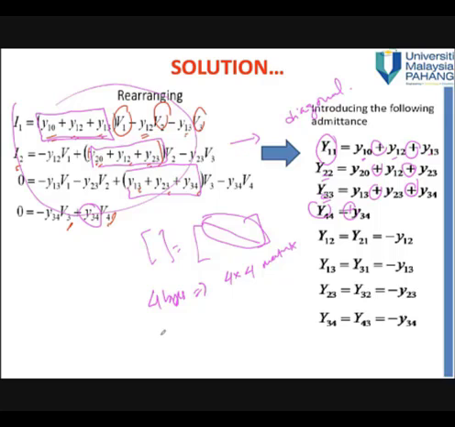Let's say you have a system of 20 bus, so you need a 20 times 20 matrix. So if 20 bus, you cannot do by hand calculation. You need to program, or use software to calculate the load flow. This is for your project normally.